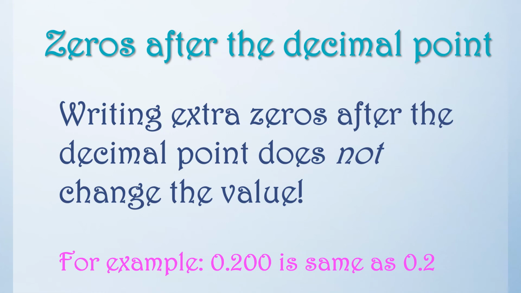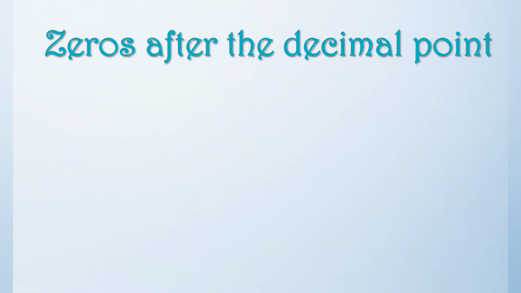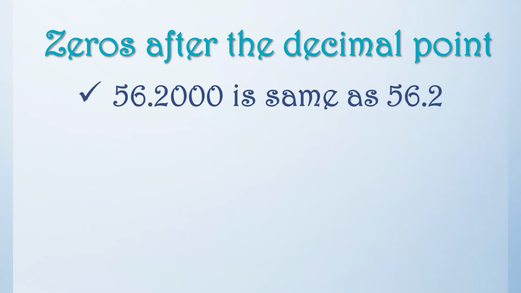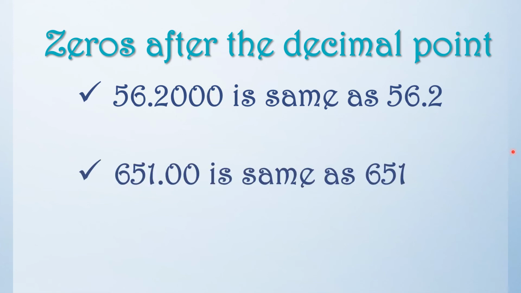Let's look at more examples to understand it better. If you write 56.2 and add 3 zeros to it, it is going to be the same as 56.2. 651.00 is going to be the same as 651. So what is the fun of adding zeros, right?